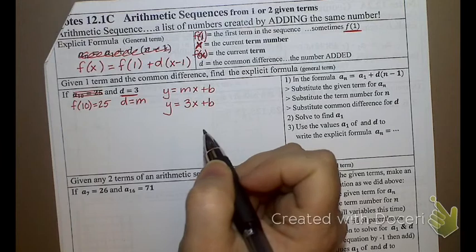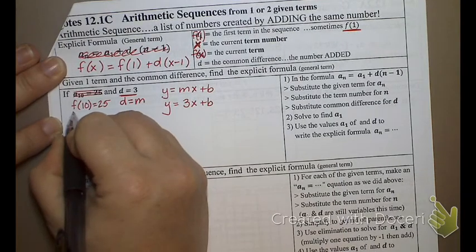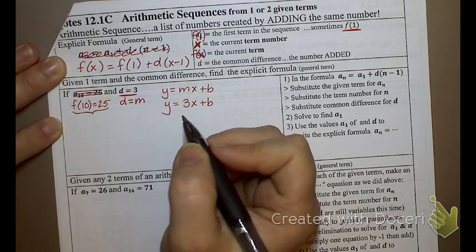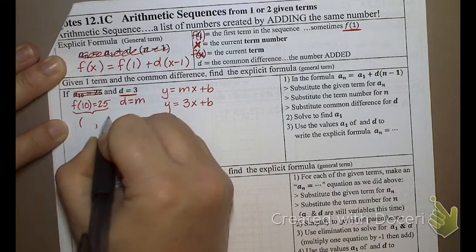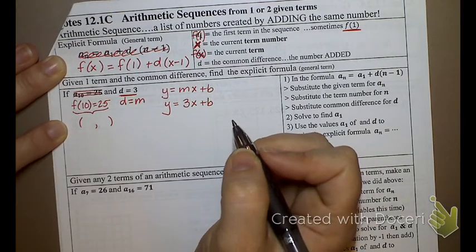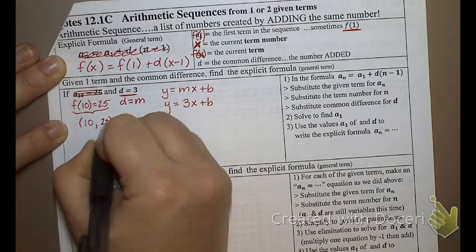How do you think I'm going to find b? Well, I got to use this piece of information right here. If I were to plot this point, what would that point be? 10, 25.